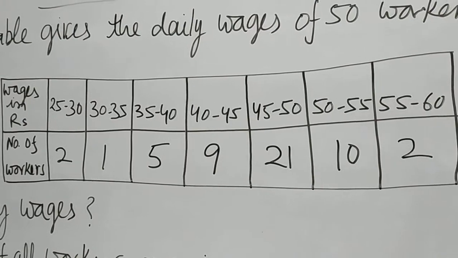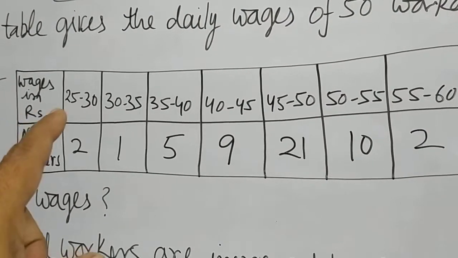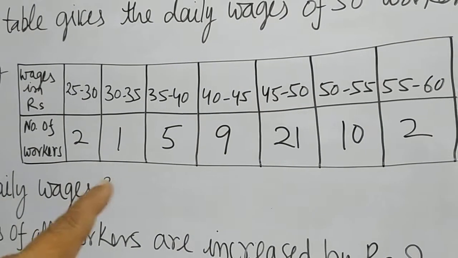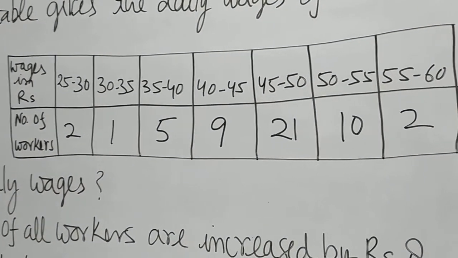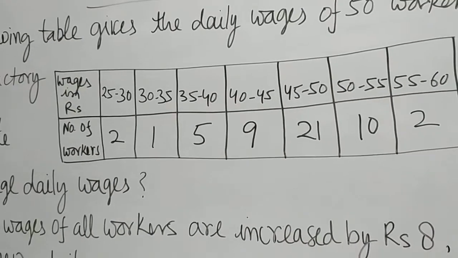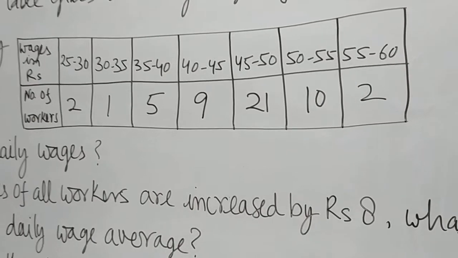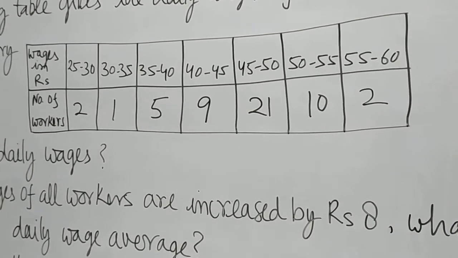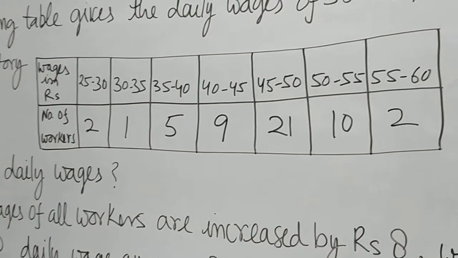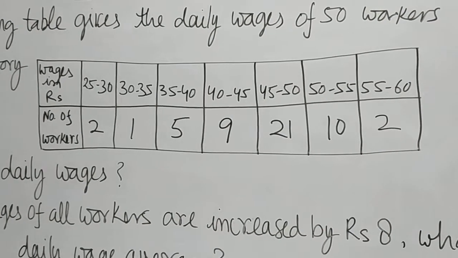This observation can also be written by names. Suppose Ramesh is getting 25 rupees, Suresh is getting 28 rupees, Mahesh is 30 rupees, like that. So you have to write 50 laborers, and in front of each you will write the daily wage given to each.